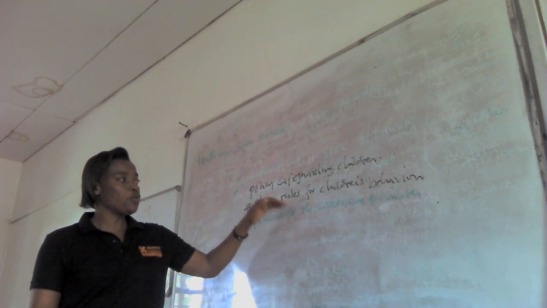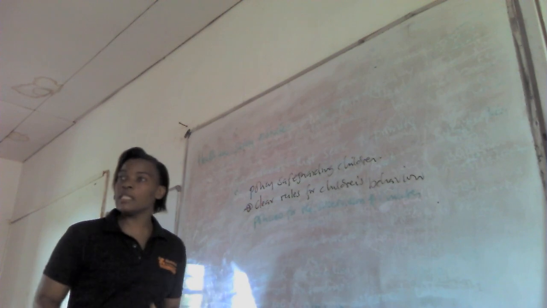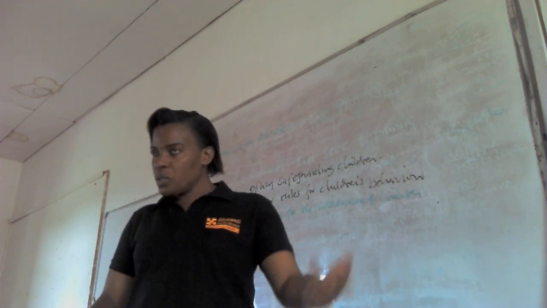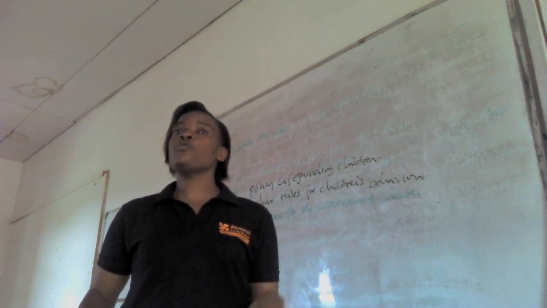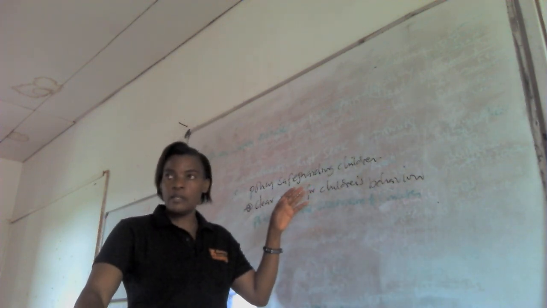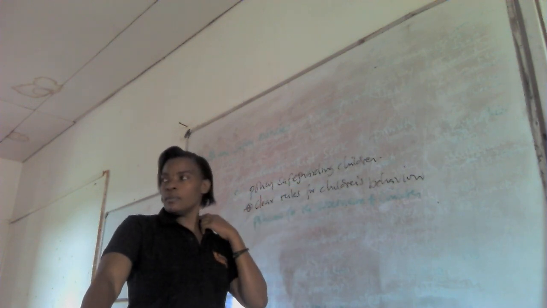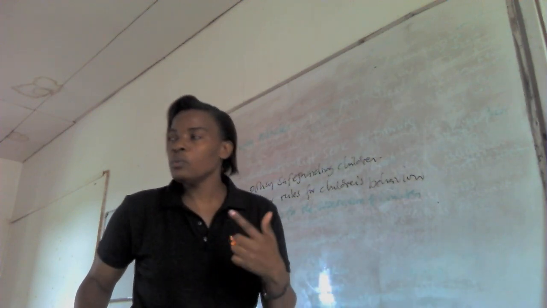One, these rules, as far as behavior is concerned, are supposed to be stated clearly. These rules are supposed to be taught to the learners, no matter how young they are, but at the same time they should also be communicated to the parents, so that when these children are within their household, parents should be able to tell them.